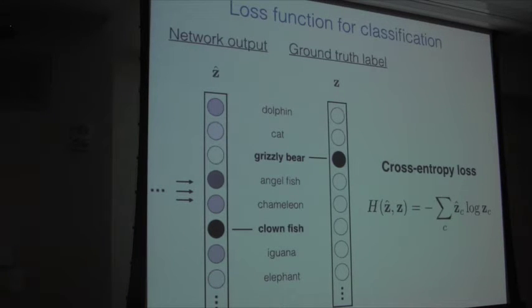And the ground truth says, I know with perfect probability, it's a grizzly bear. I have 100% probability over grizzly bear. And then the cross-entropy loss is just looking at the cross-entropy, which is a measure of the difference between these two distributions. And this loss will be minimized when you actually output grizzly bear if the thing is a grizzly bear, and you actually output clownfish if the thing is a clownfish.